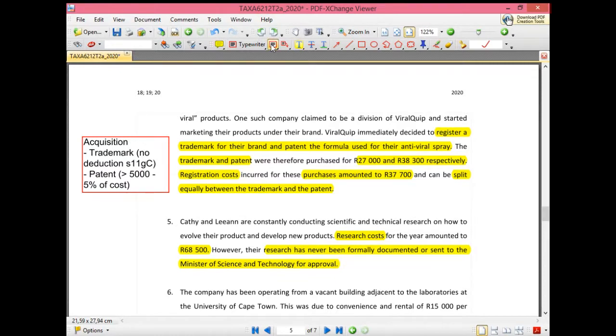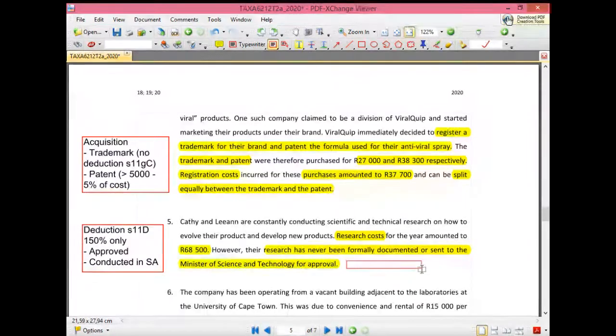Okay, now your deduction in terms of section 11D will be 150%, but only if it is approved and conducted in South Africa. Now, because it is not approved, this would be limited to the 100%.